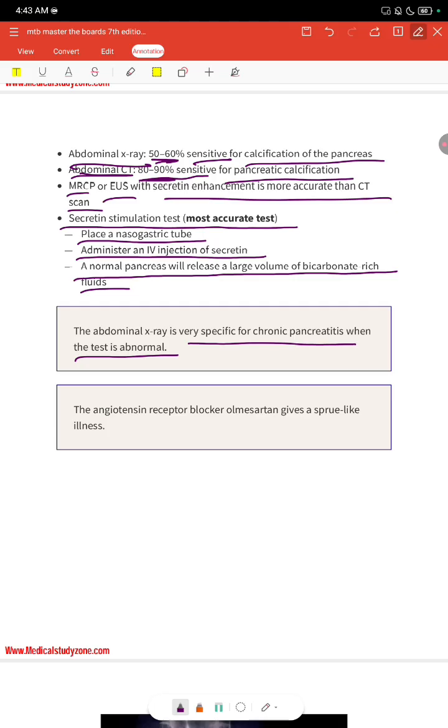If the abdominal X-ray is abnormal, then it is specific for chronic pancreatitis. The angiotensin receptor blocker olmesartan gives a sprue-like illness.